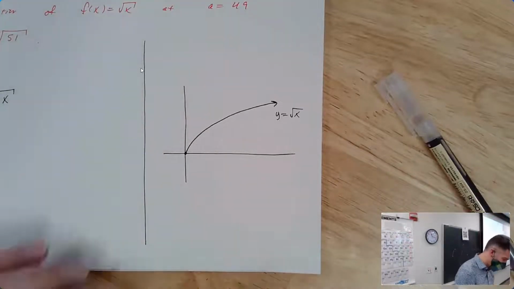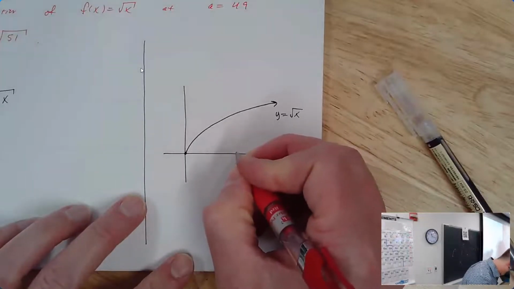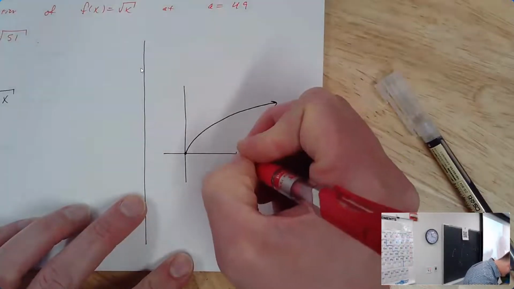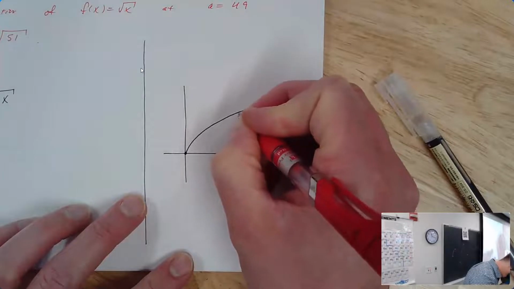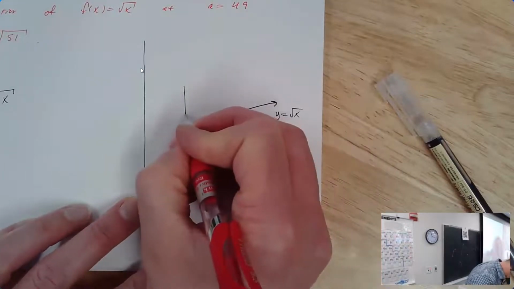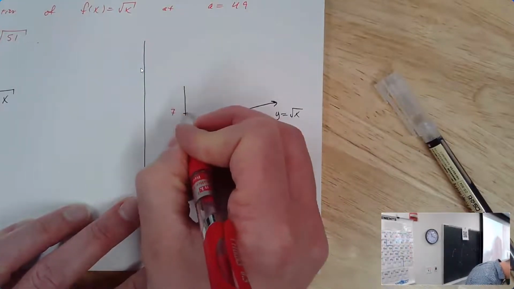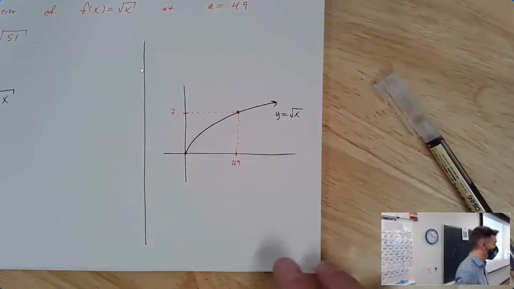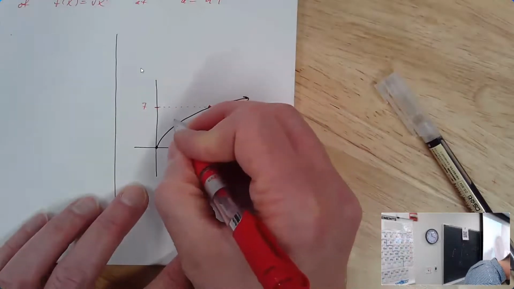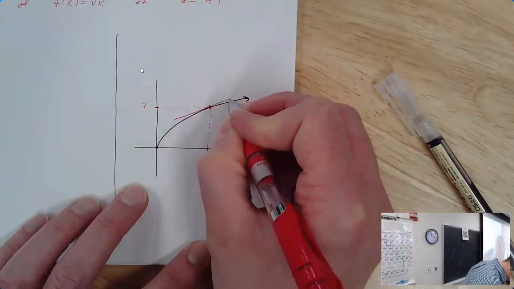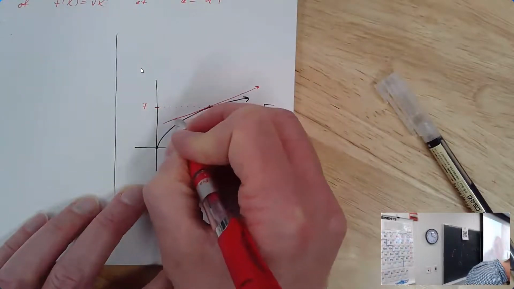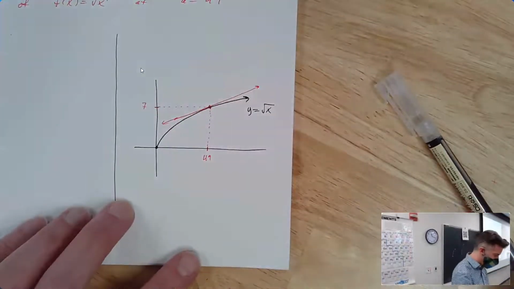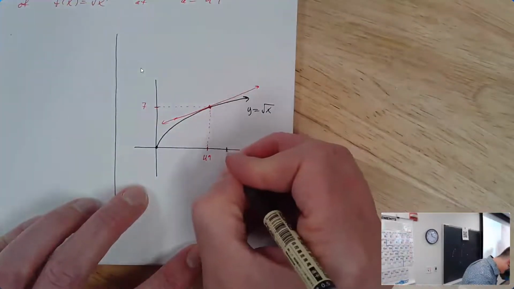So what I'm going to do is plug in 49. And then when I plug in 49, I get a y value of 7. And then we're going to find the tangent line at that point. And then I'm going to plug in 51.